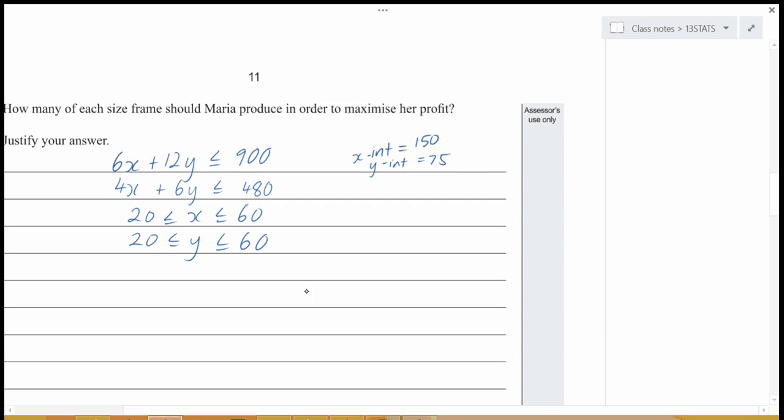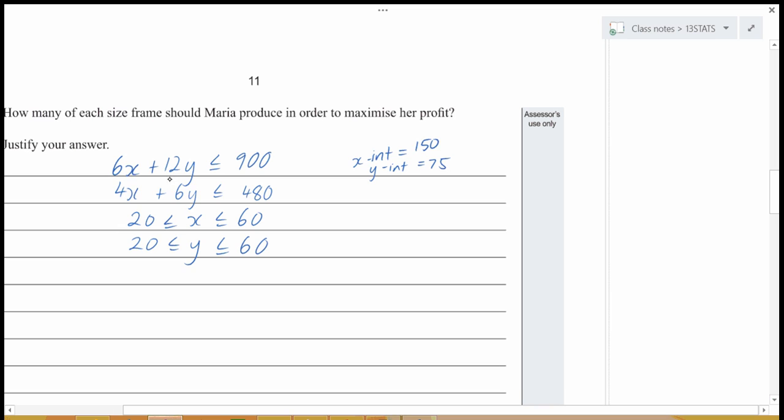And so that's 4x plus 6y, so I'll cancel out that. And that gives me my x-intercept, so 480 divided by 4. So my x-intercept here, 480 divided by 4 is 120. And then I'll do the same for my y-intercept.